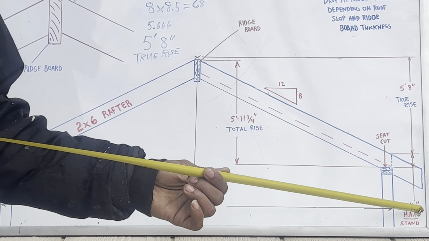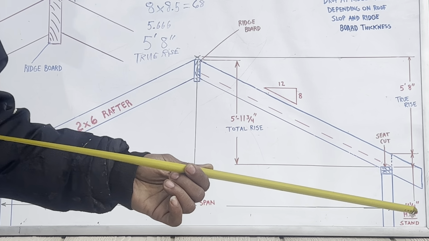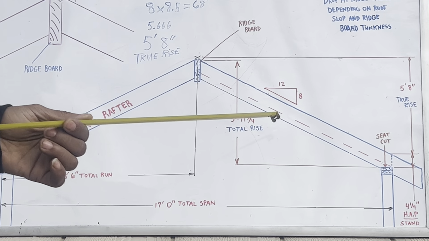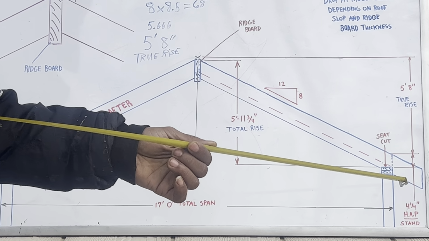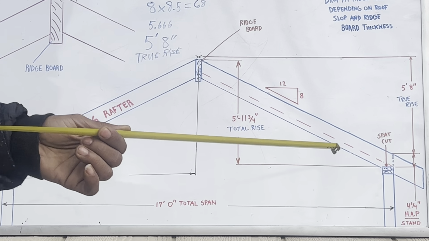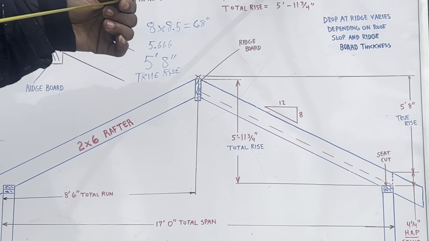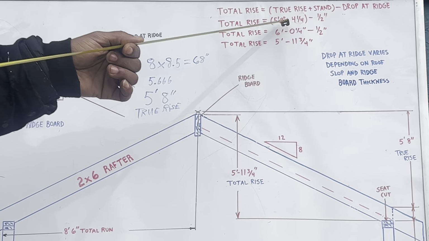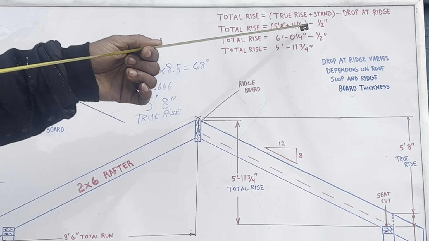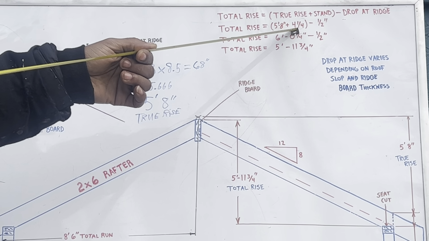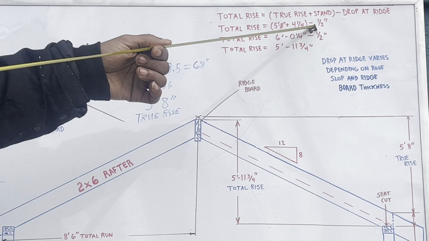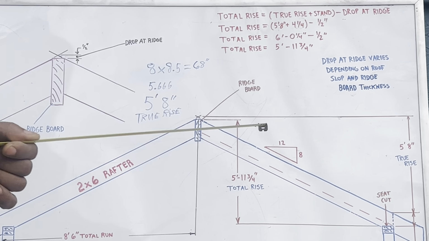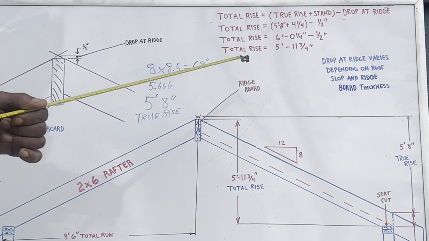It's called your height above plate, and that varies depending on what size rafters you're using. In our situation we're using 2x6s, so it's 4 1/4. So we got the true rise being 5 foot 8 inches plus our stand, which is 4 1/4. All right, so it's minus a 1/2 inch at your ridge drop.